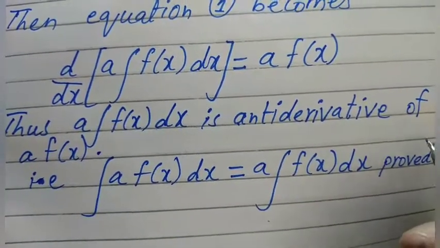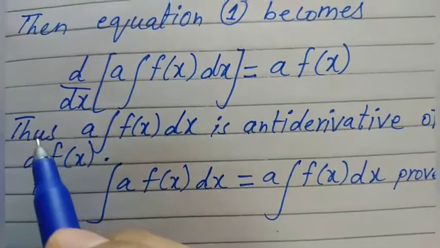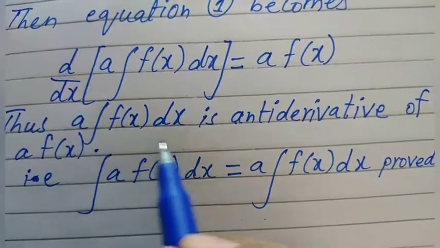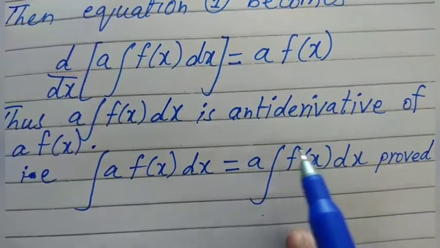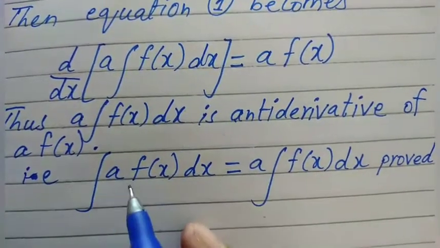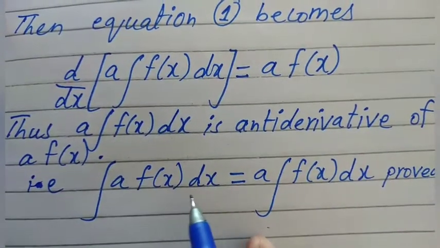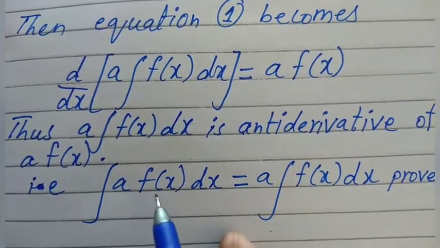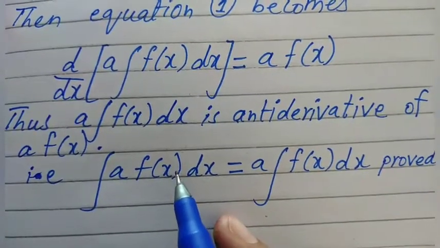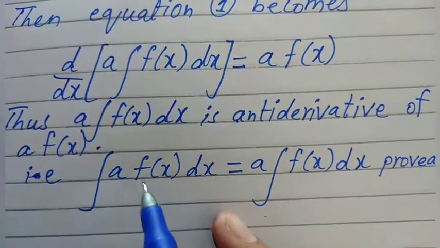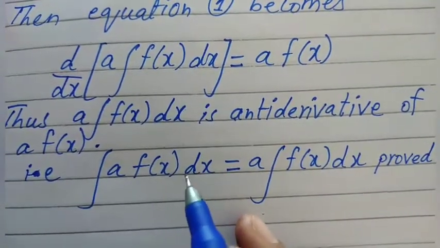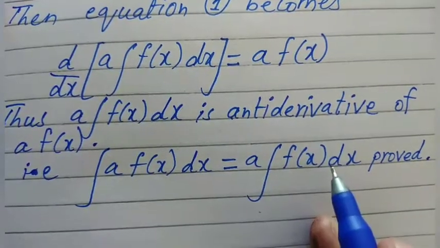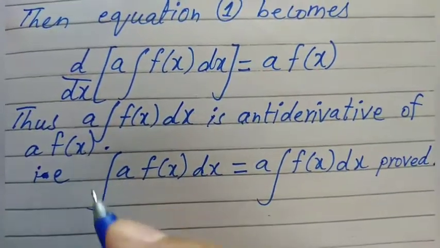You just have to understand the logic that if a integral f of x dx is an antiderivative of the function a f of x, then its derivative must be equal to the original function, that is a f of x, that we have proved in this theorem. So it is proved that the integral of the product of the constant and the function f of x is equal to the product of the constant a and the integral of function f of x dx.